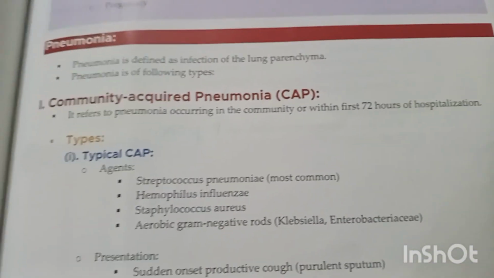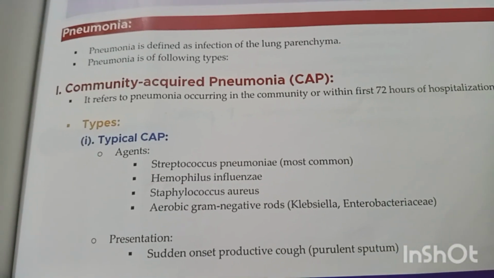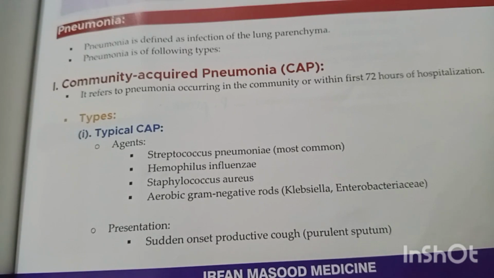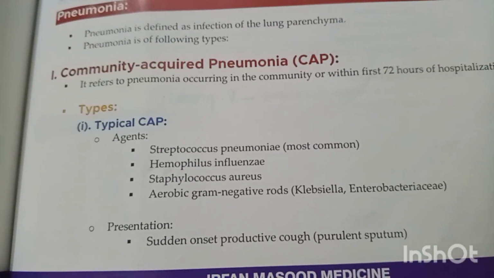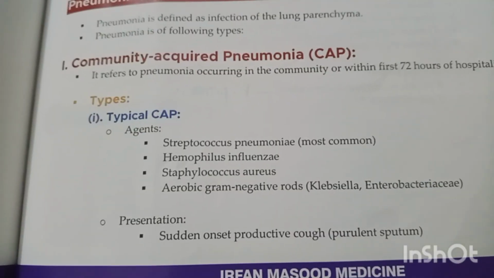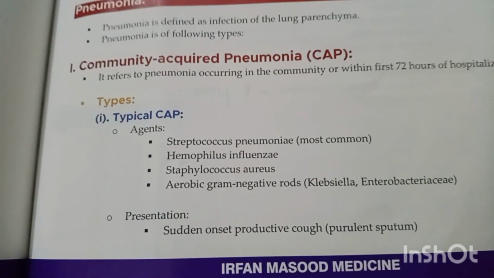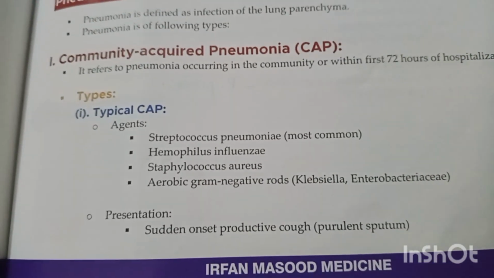And pneumonia with atypical presentations, like symptoms such as diarrhea or erythema multiforme, Stevens-Johnson syndrome. If the person has pneumonia on chest X-ray and has atypical symptoms that are not shown by typical pneumonia organisms, then we call it atypical pneumonia.